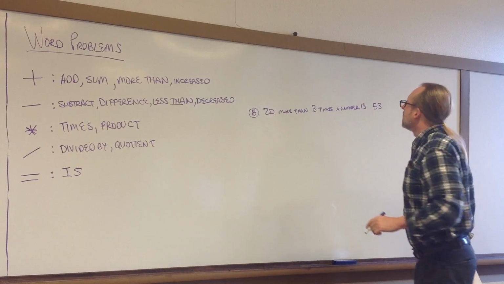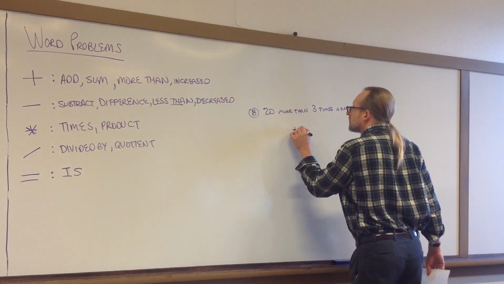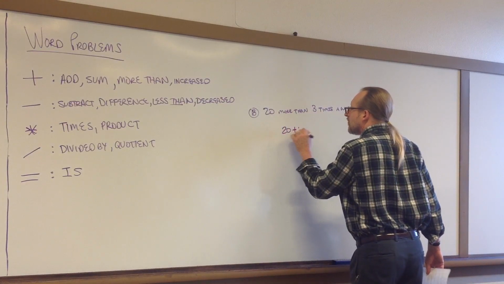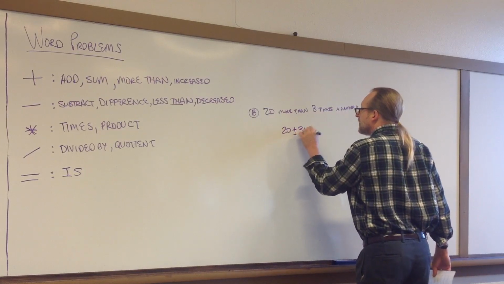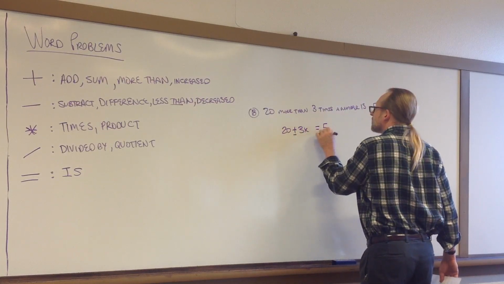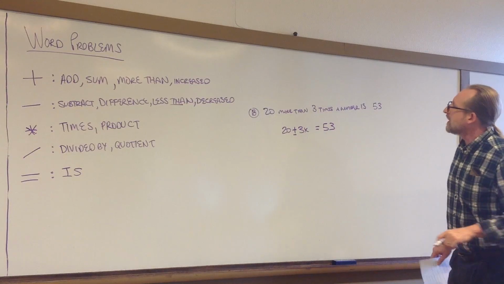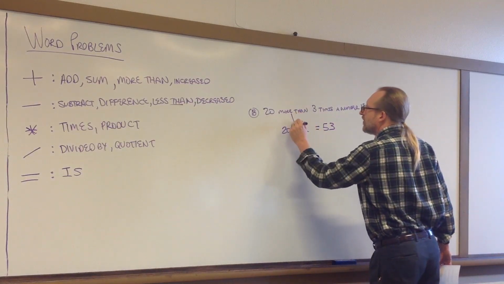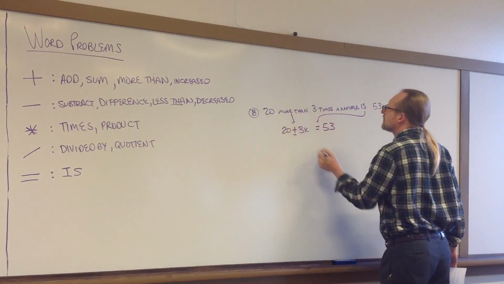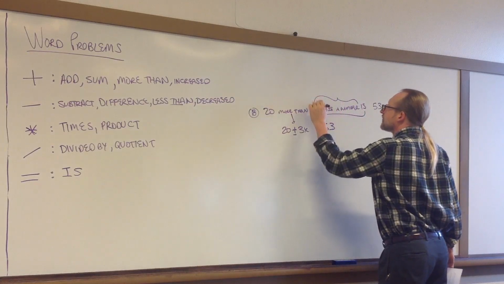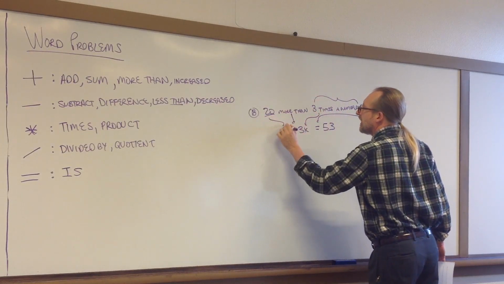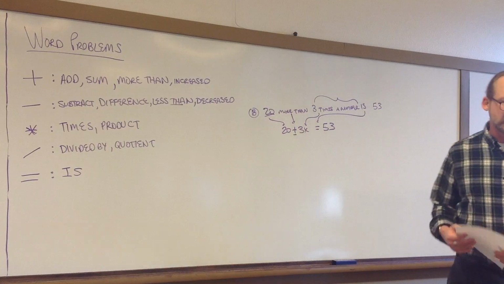Okay. So 20 more than 3 times a number is 53. Okay? So here's your more than. Here's your is. Here's 3 times a number. And there's our 20. Okay? So it's all there.